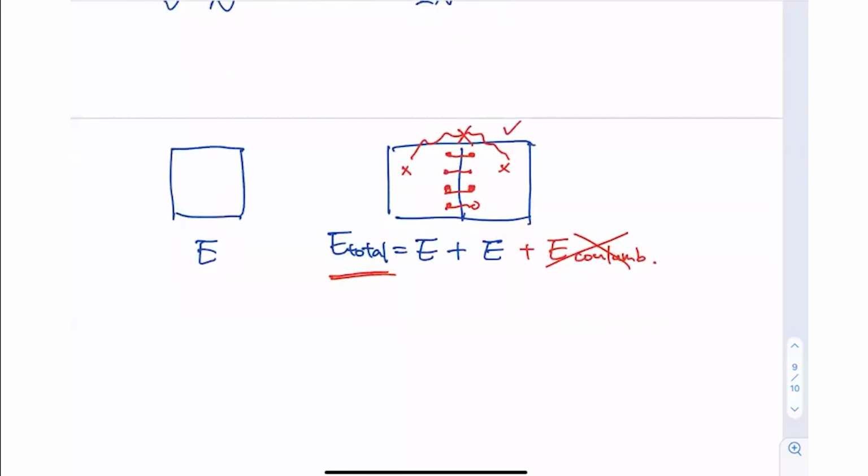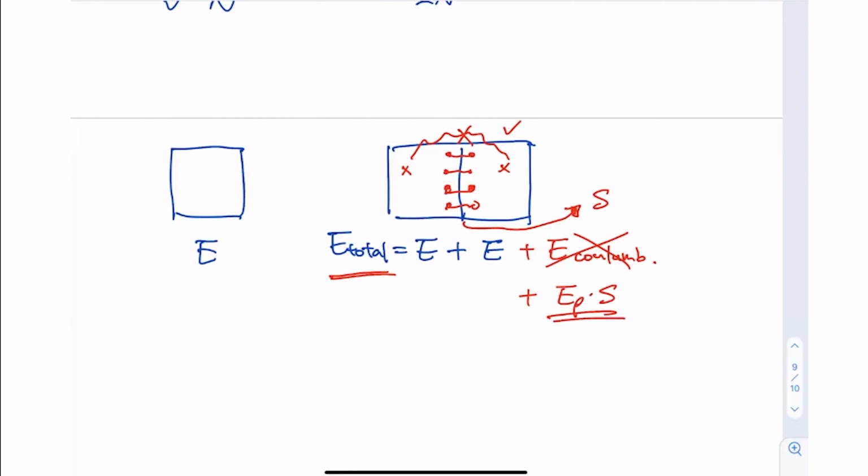Basically, if the contact surface for this seam is like S, then the additional energy should be some kind of energy density times the contact surface size. Okay. And why can this part of the energy be neglected?